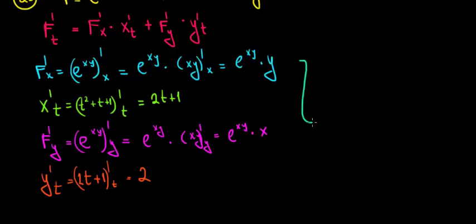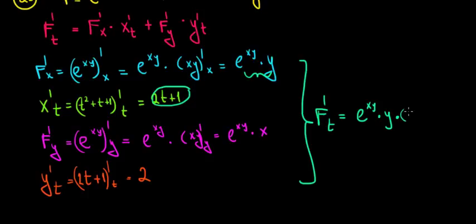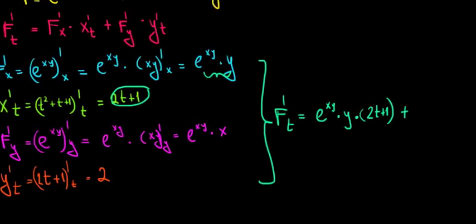So overall the derivative of f with respect to t is equal to e to the power of xy times y, that's our first term, times x derivative with respect to t, which is 2t plus 1, so times 2t plus 1, plus, let's move to the right, make some space, the derivative of f with respect to y, that's just e to the power of xy times x, times the derivative of y with respect to t, which is just 2. So all of this times 2.